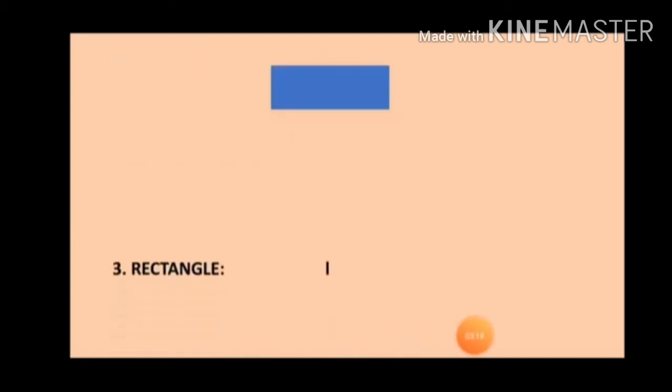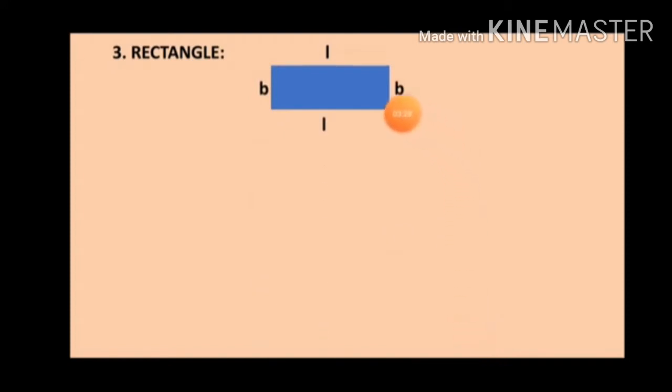Now let us learn about another shape, that is a rectangle. Look at this figure present on the screen. Children, you can see this is also a four-sided closed figure where we have two pairs of opposite sides, and each of its angles is equal to 90 degrees.